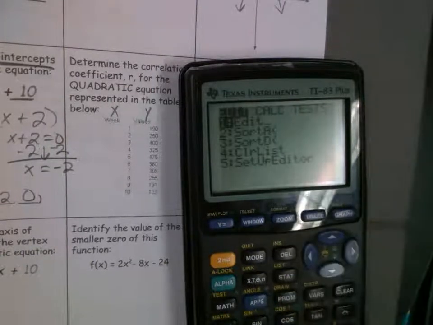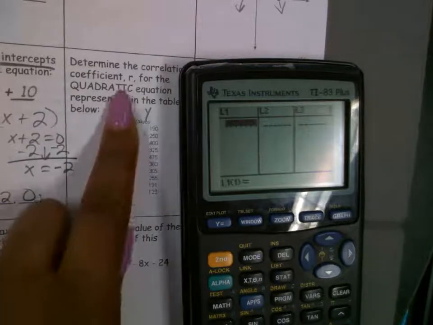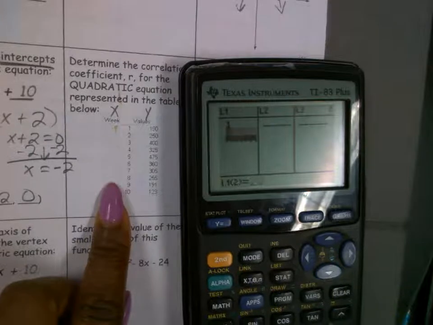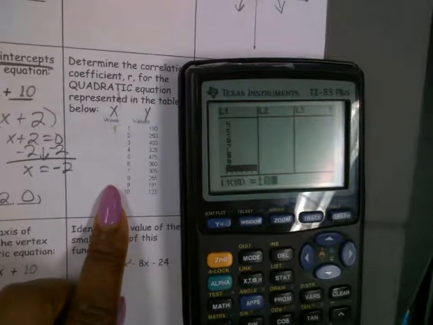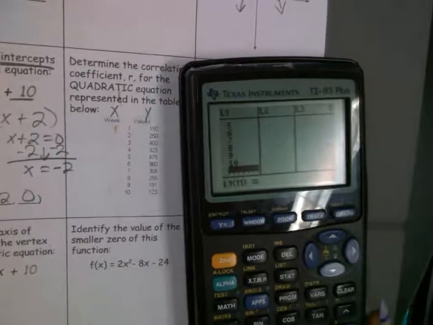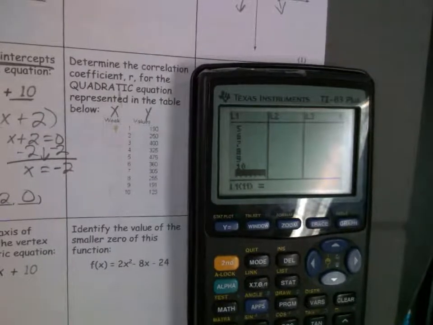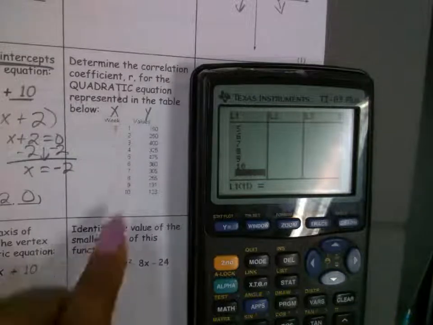Stat. Then I press what? Enter on edit. And let's type in our x values, 1 through 10. Okay, let's type in the y values.